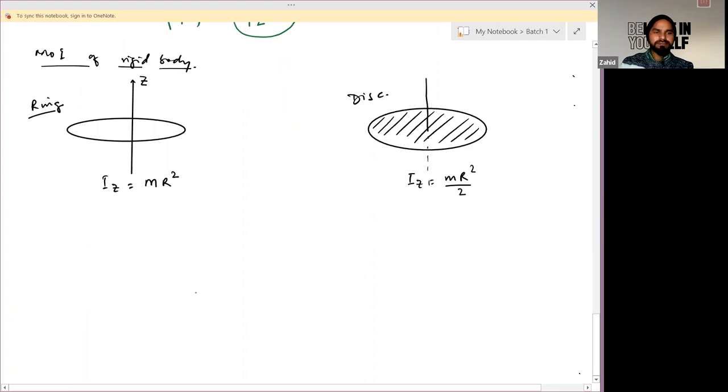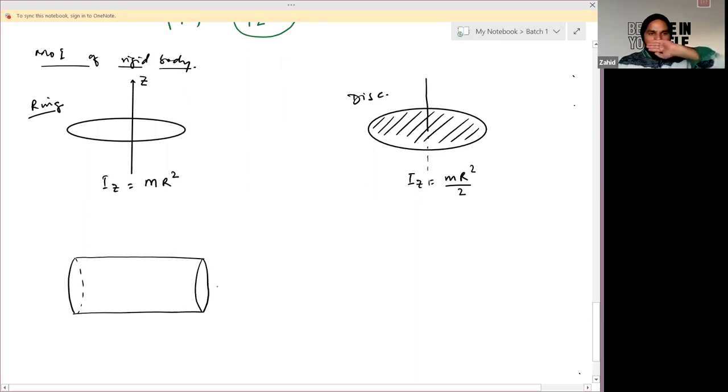Next is a cylinder. Let's say one axis is along this direction and the other is along this direction.